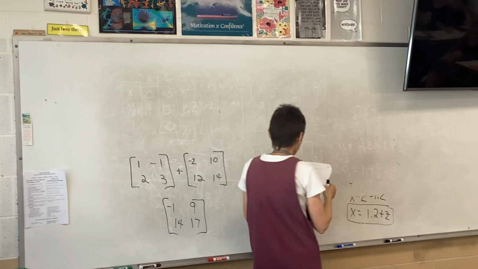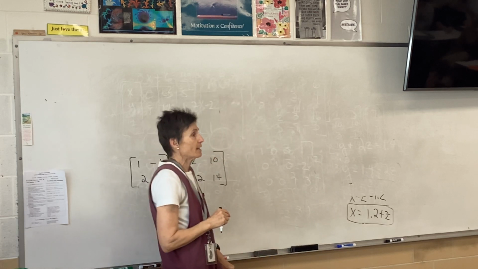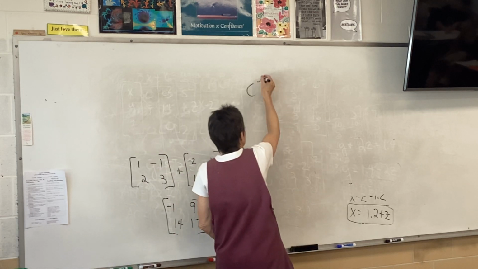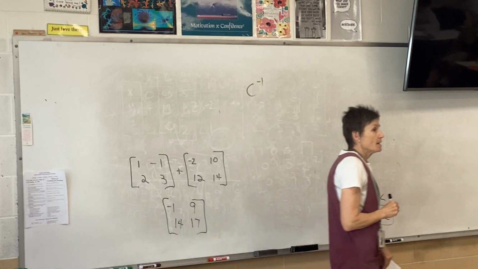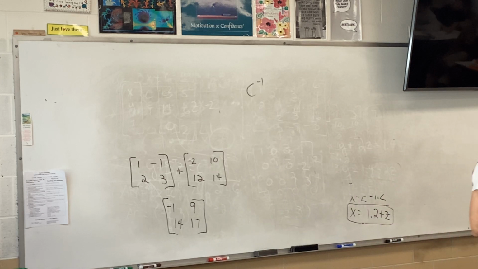C says, find the inverse of C. Oh, it has to be square. In order to find an inverse, you have to find the determinant, and you cannot find the determinant if the matrix isn't square. So problem C is impossible.